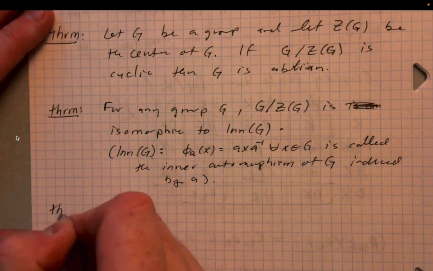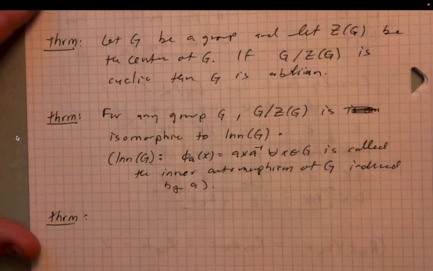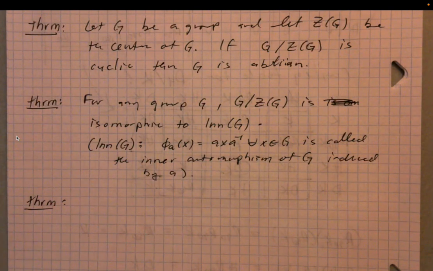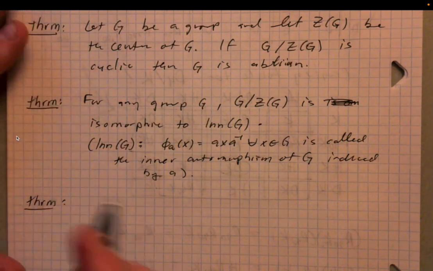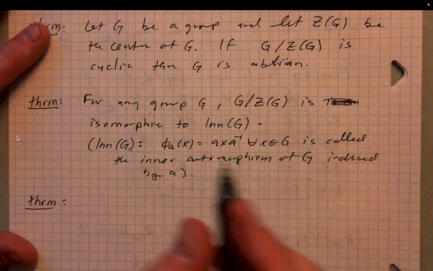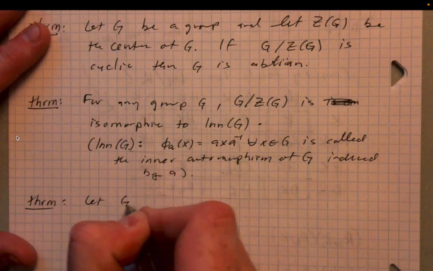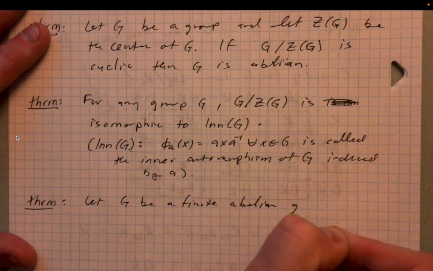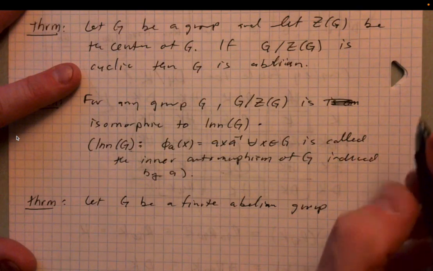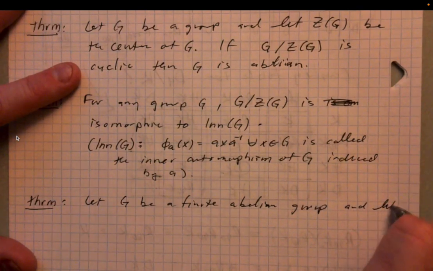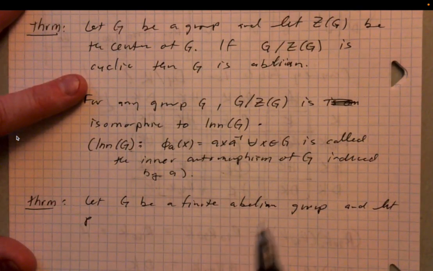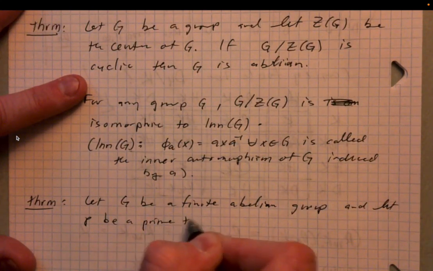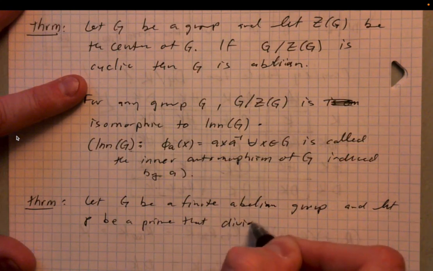And then finally, and again, we're going over these quickly. The goal here is just to get you thinking about this. I wouldn't expect you to master and memorize these from just the statement itself. But the third theorem says let G be a finite abelian group, and let P be a prime that divides the order of G, sorry.